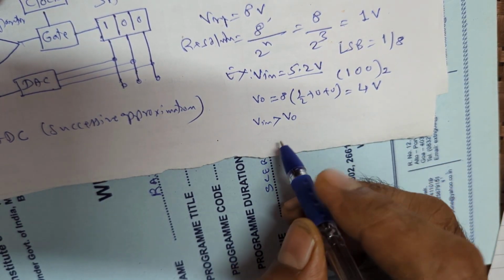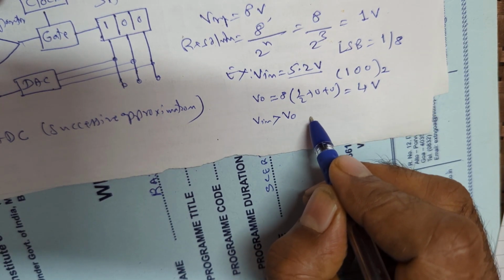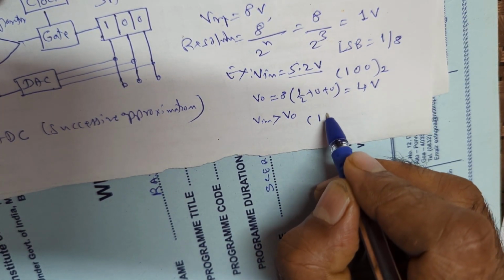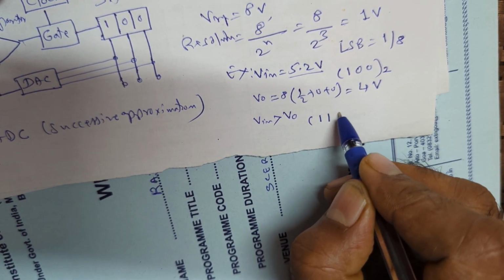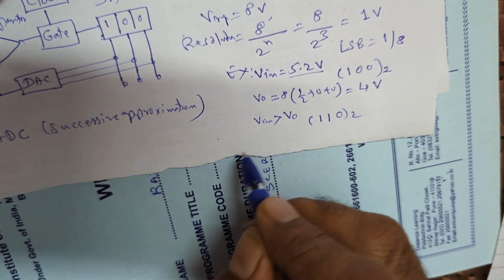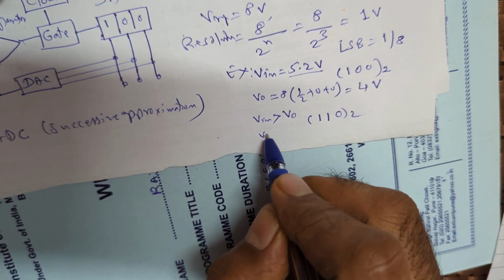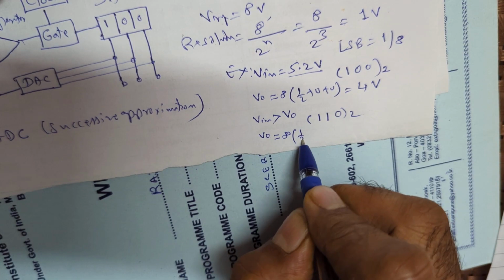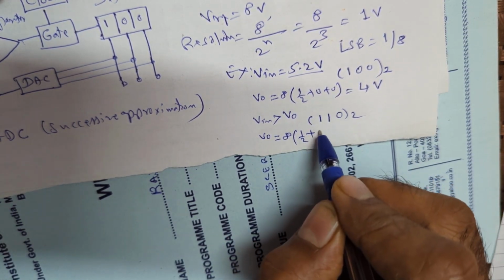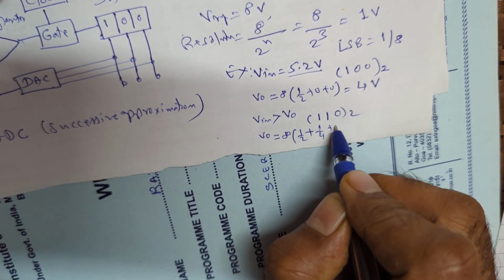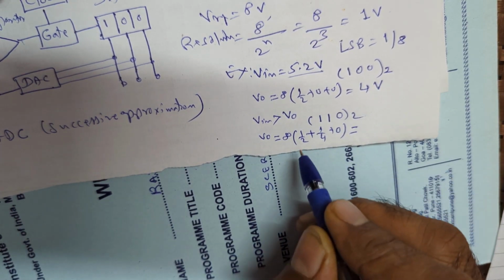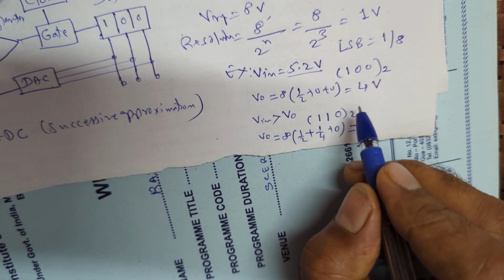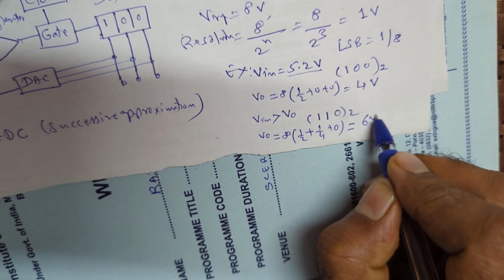In the next approximation, the next bit is made 1 and the third bit is again 0, and we compare the output voltage. The output voltage is now 1/2 plus 1/4 plus 0, so it is 4 plus 2, which gives 6 volt.